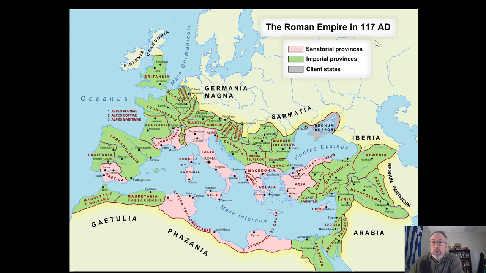If we go back to the year 117 AD or CE, that's the year in which the Roman Empire reaches its geographic limit. That is, the empire is, in terms of its territory, the biggest and most unified to some degree that it ever was. So all the territories you see here in the pink and the green were all smaller states which made up the larger Roman Empire.